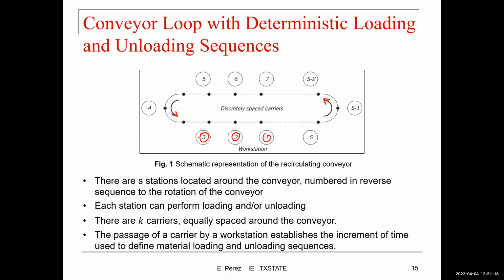Each station can perform loading and unloading. Okay, so for example, station 1, you can place some items in this carrier, but you can also remove items from that carrier. And that happens for every single station. So each station can perform loading and unloading. There are K carriers equally spaced around the conveyor. So we are going to use K to denote the number of carriers.